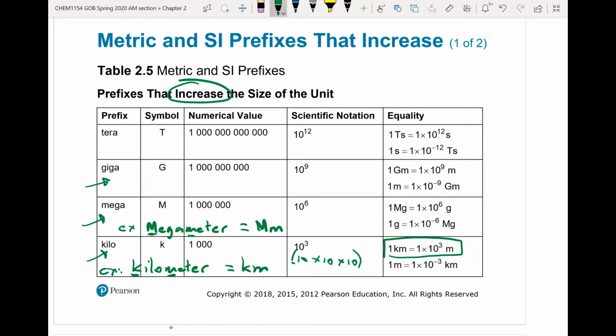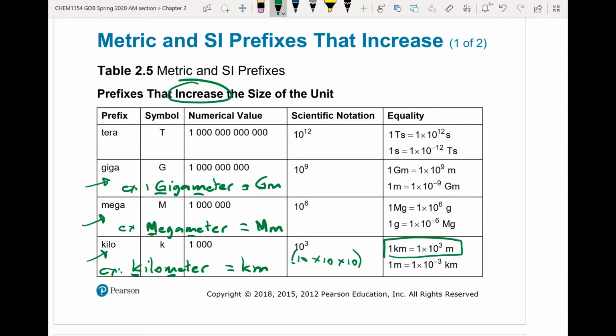If we have a gigameter, we would abbreviate that as big G, small m. So we have a gigameter, we have a billion meters. Or we can say 1 meter is 1 billionth of a gigameter. Both of these mean the exact same thing.